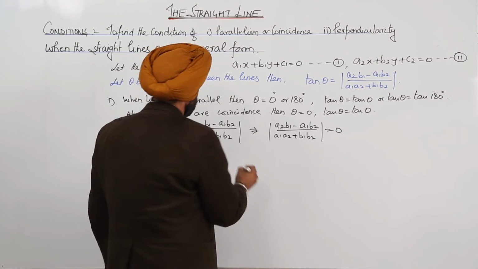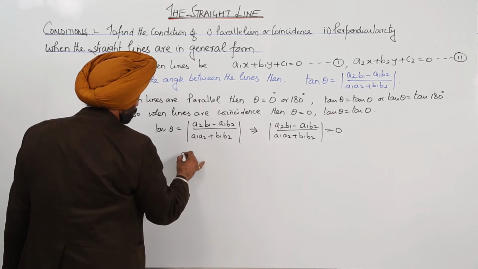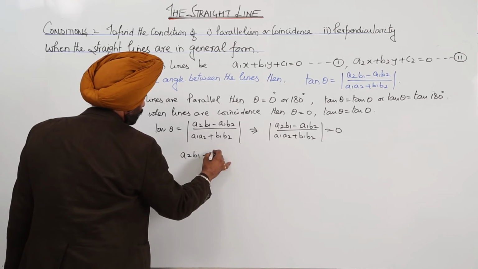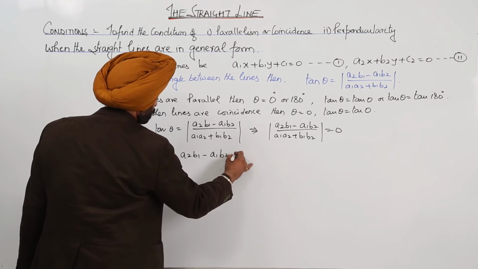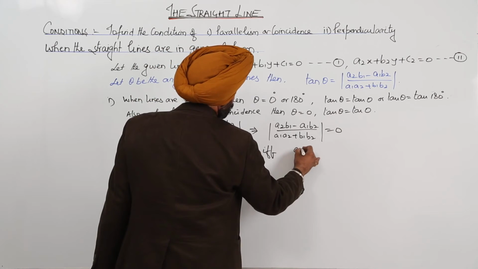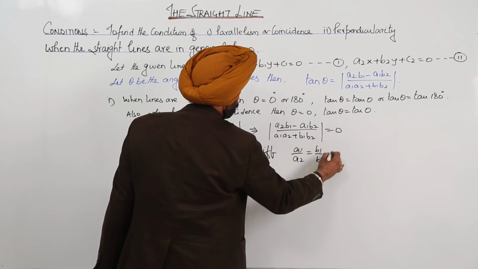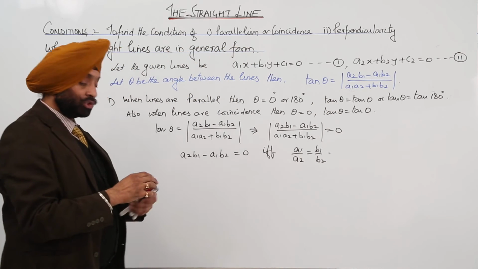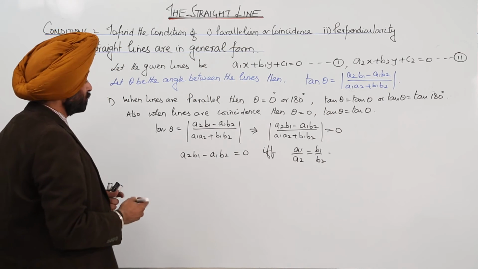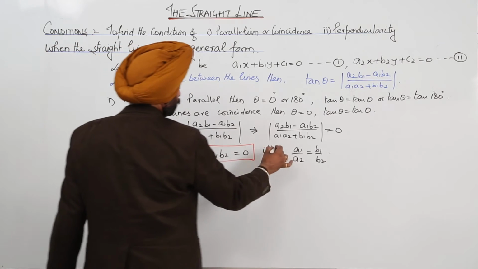Okay. And this gives, I am solving this one, a2b1 minus a1b2 is equal to 0 if and only if a1 upon a2 is equal to b1 upon b2. So this is the condition for parallel lines or coincident lines. Okay. For this part.